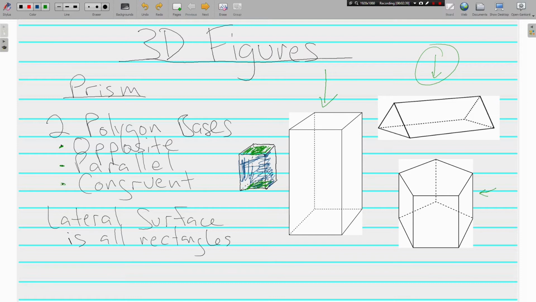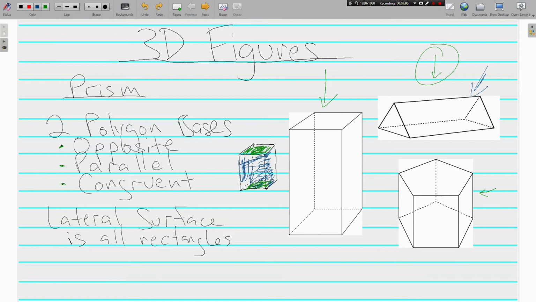Up here with the triangular prism, the triangles are the bases, so the rectangle on the back is part of the lateral surface, the rectangle on the front, and the rectangle on the bottom. In a prism, if it's not a base, it's part of the lateral surface.